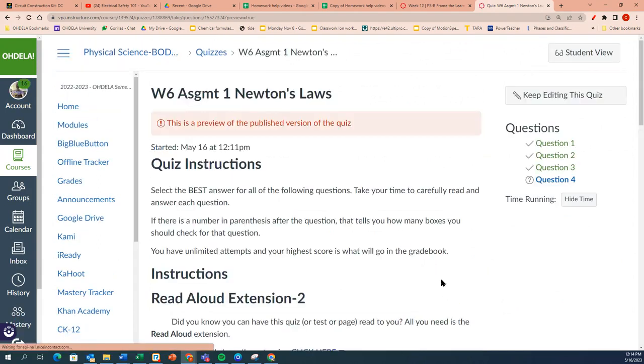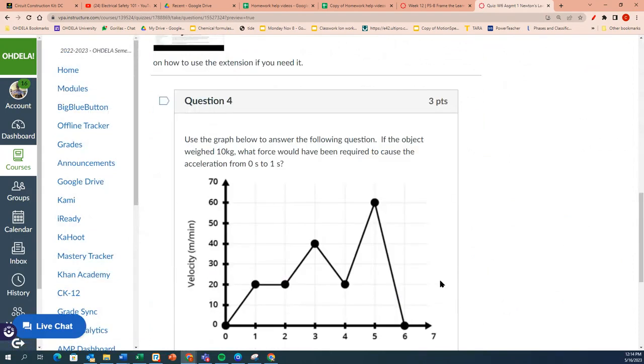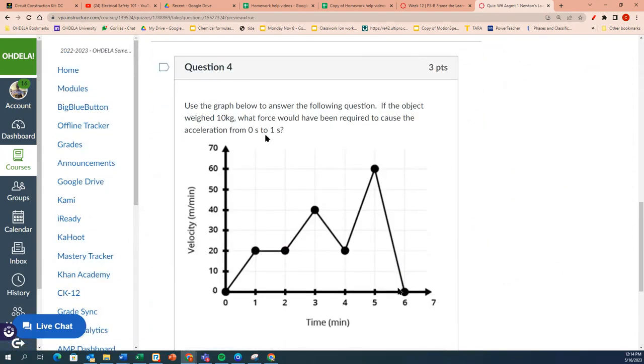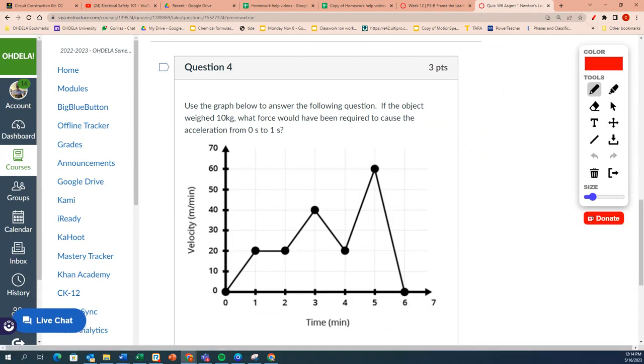Question 4. Use the graph below to answer the question. If an object weighed 10 kilograms, what force would be required to cause it to accelerate from 0 to 1 second? So the acceleration here is 20 meters per second squared in 1 second.